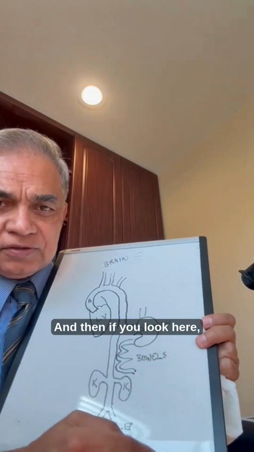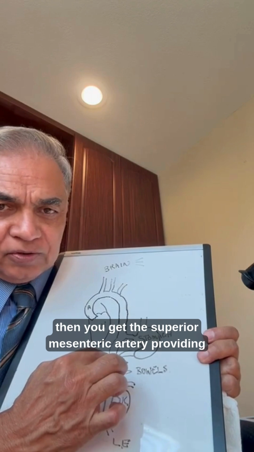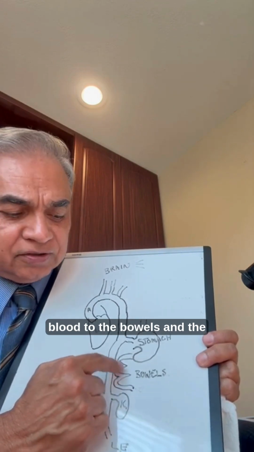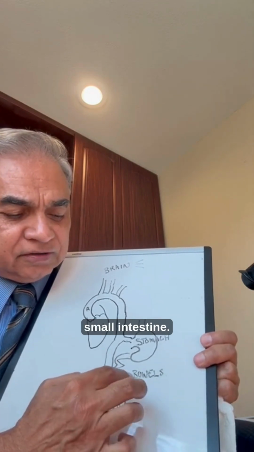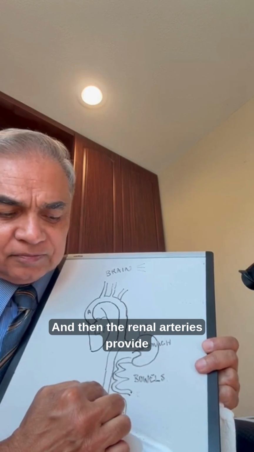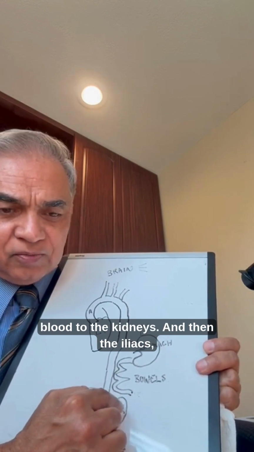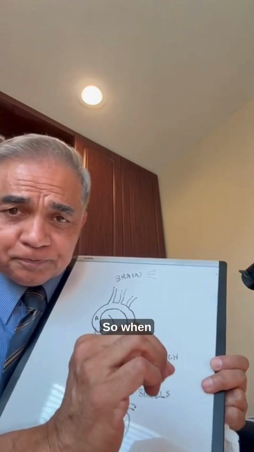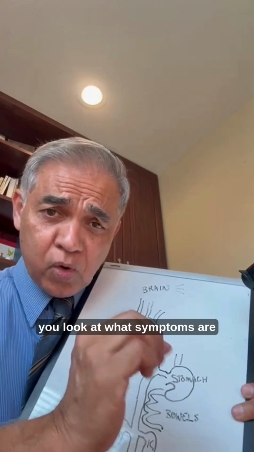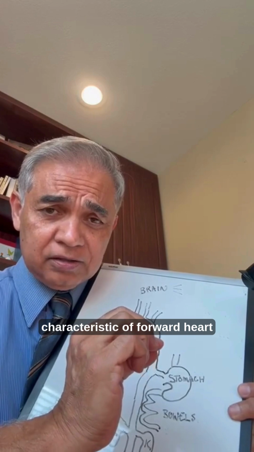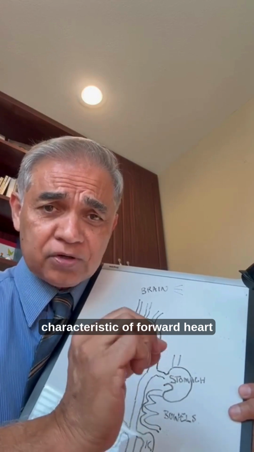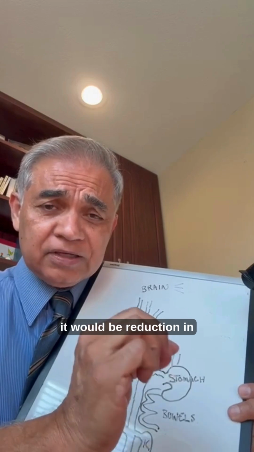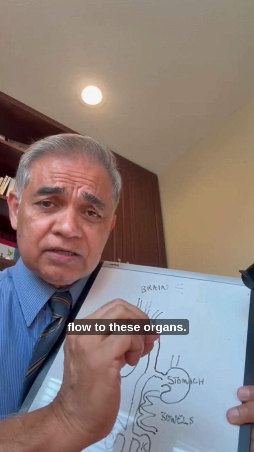Then the superior mesenteric artery provides blood to the bowels and the small intestine, the renal arteries provide blood to the kidneys, and the iliacs go into the lower extremities.